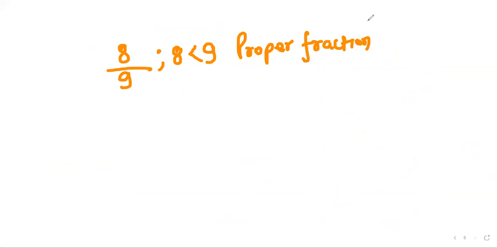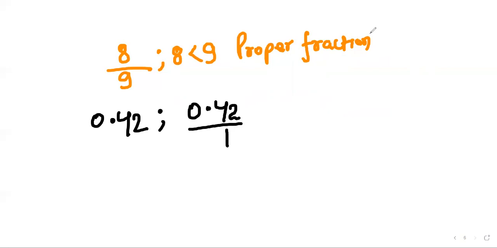Let's try some decimals. If I write 0.42, I have told you already that if nothing is written in the denominator, it's obvious that it is 1. So we can write 0.42 as 0.42 over 1. This 0 is the whole number part and 42 is the decimal part.